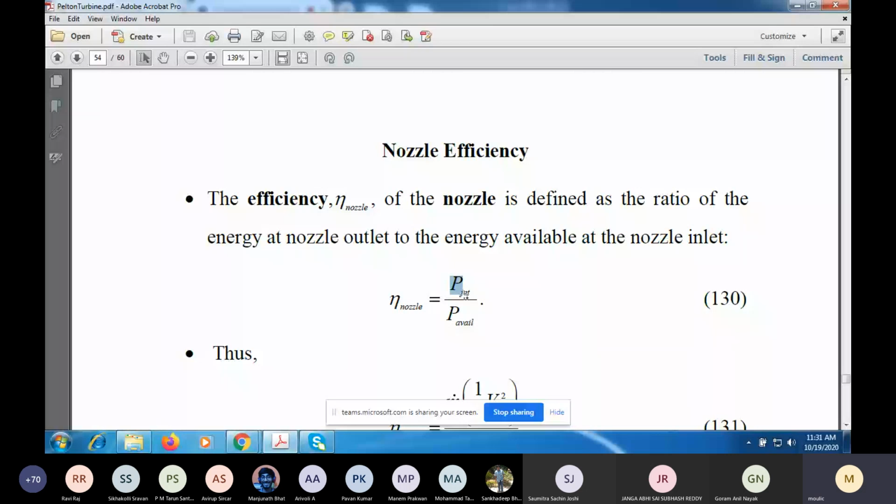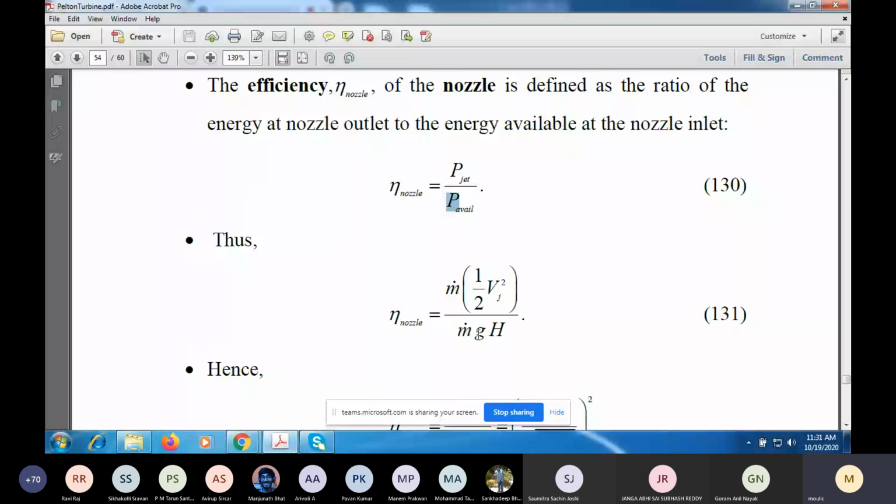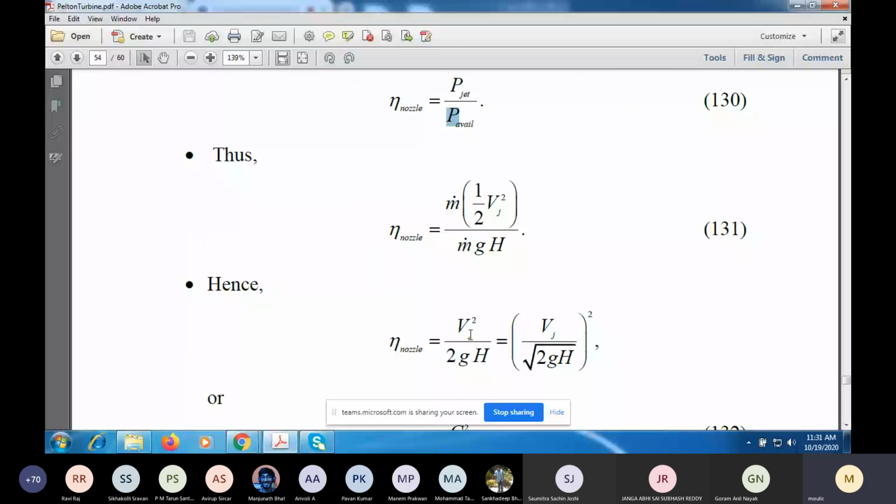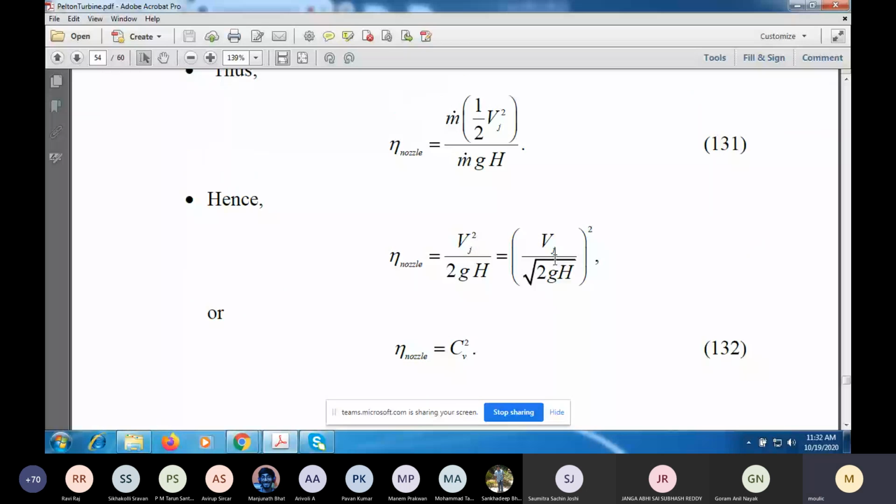You divide it by the available power, which is m dot gh. So it is Vj squared by 2gh. One can write it as this quantity in parenthesis squared, Vj by square root of 2gh. And you recognize this term in the parenthesis as Cv. So the efficiency of the nozzle turns out to be simply the square of the velocity coefficient.